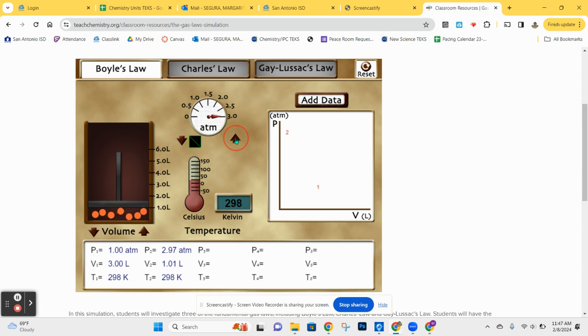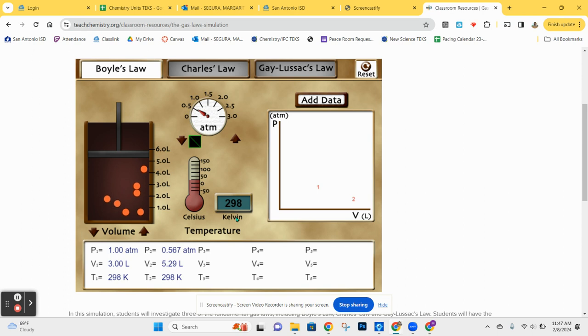Okay, so if I raise it or lower it, something you'll notice is happening to the volume. Some type of relationship is going on. As I raise the pressure, look what's happening to the amount of space. As I lower the pressure, look what's happening to the amount of space. Now, the one that I can't change here, guys, is the temperature.